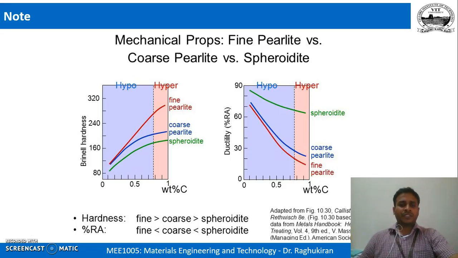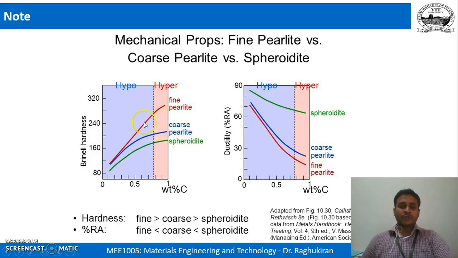So if you see, now you have the red line, that you get fine perlite when you normalize, and the blue line, you get coarse perlite when you go at a relatively slow rate.